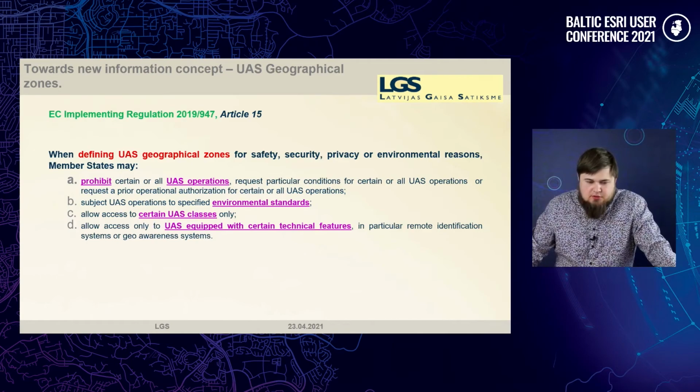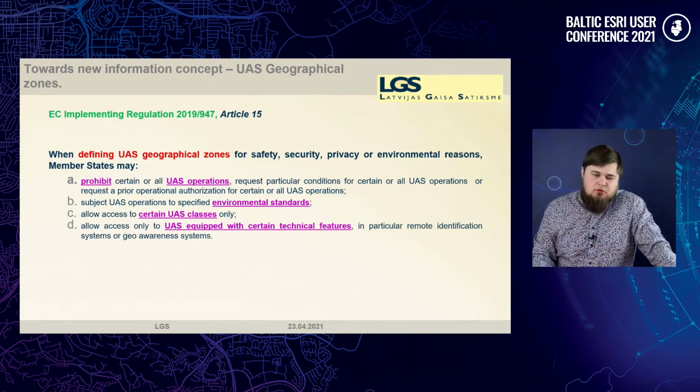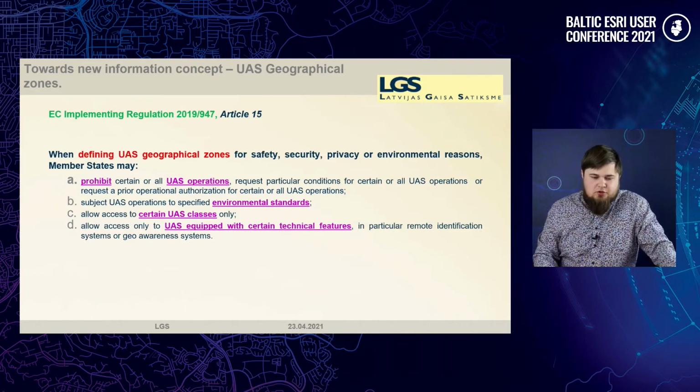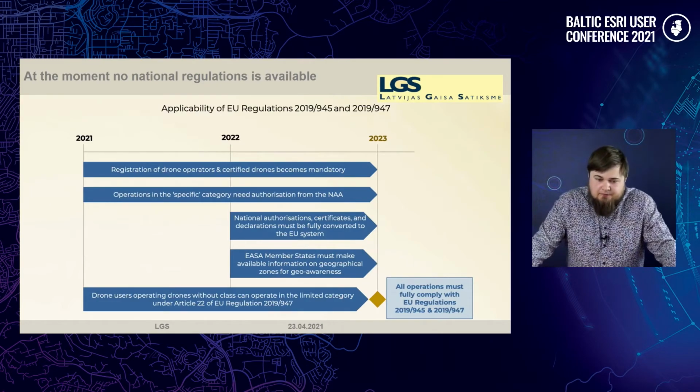You can define these restrictions by the drone class or using some environmental standards or some other restrictions which are described in this new regulation from the European Commission. And you can see this possible time frame when this new regulation maybe will be established.